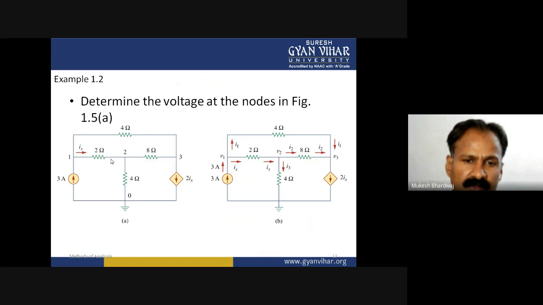We need to find the voltage at junction 1, junction 2 and junction 3. Apply the nodal analysis according to the current distribution, create the equations keeping in mind the dependent source, and then solve the equations.